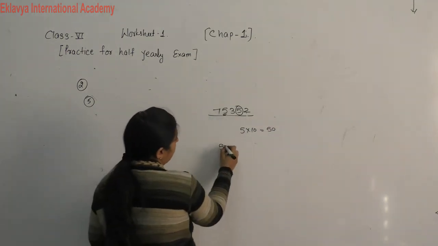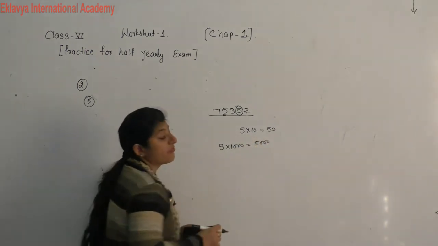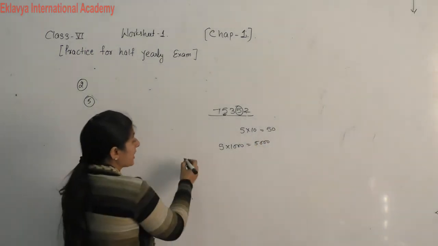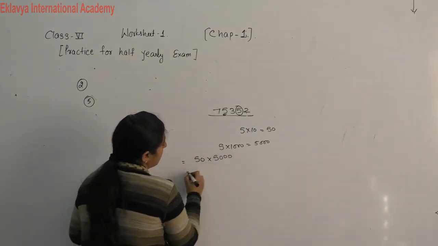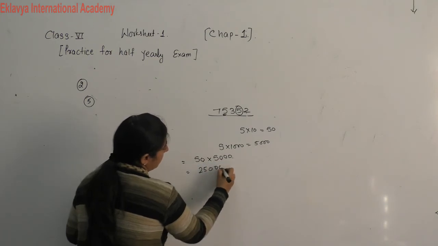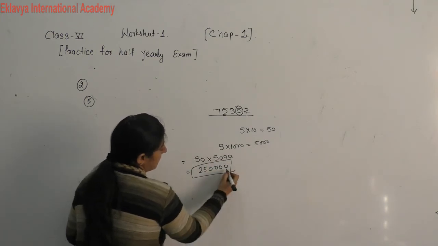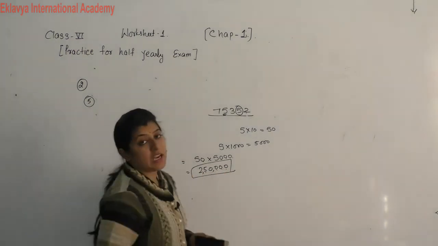This other 5 into 1000, that is, the place value becomes 5000. Product means to multiply it. Then multiply it, and you will get the result 250,000. Ones, tens, hundreds, thousands, ten thousands and lakh.